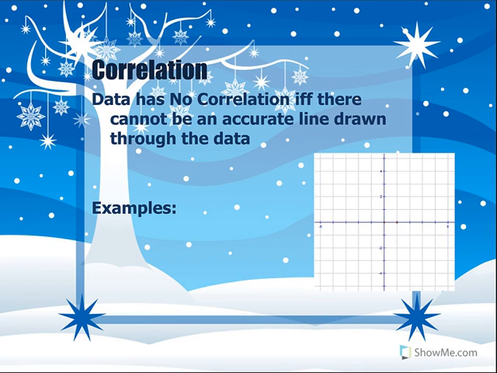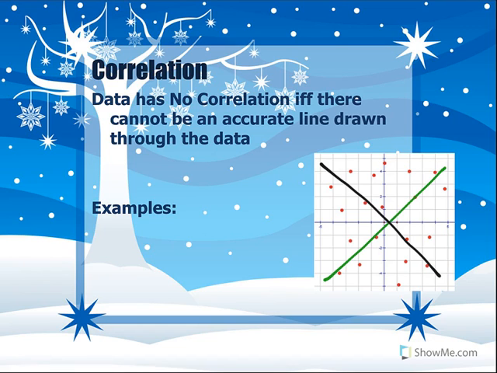The last type of correlation we talk about is no correlation at all. If you have a set of data that maybe looks something like this on the screen, there is not a line that's going to fit better than another one. If I drew a positive line or a negative line, neither of them is really better than the other. So there's no correlation, or in other words, no relationship between the things we're trying to compare.